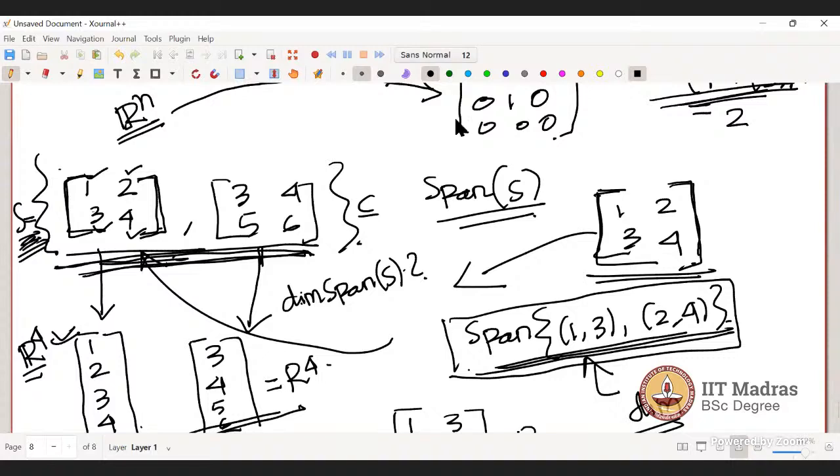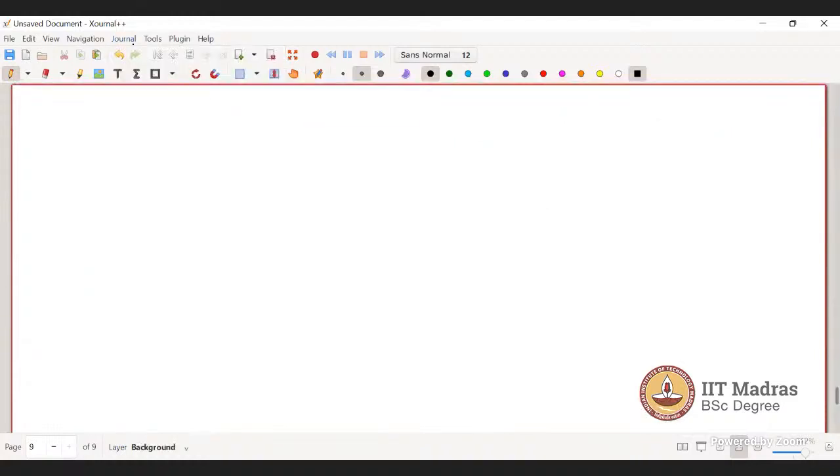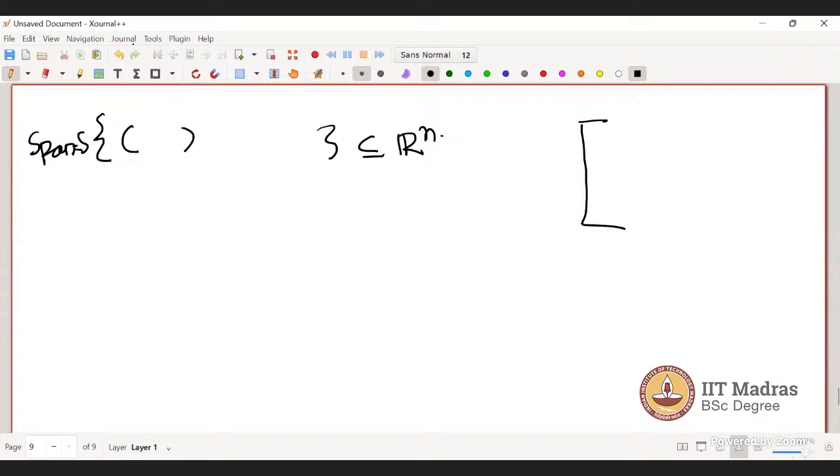As I mentioned, when you find the dimension of the span of a set in Rn, you can put all the vectors in a matrix form and compute the rank of that matrix, and it will give you the dimension of the span of S.